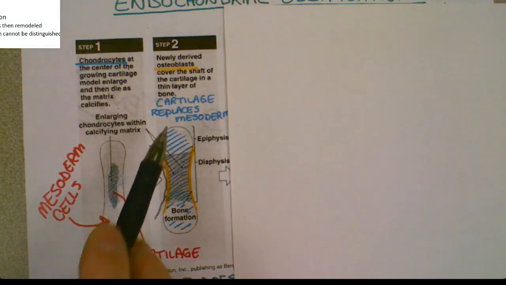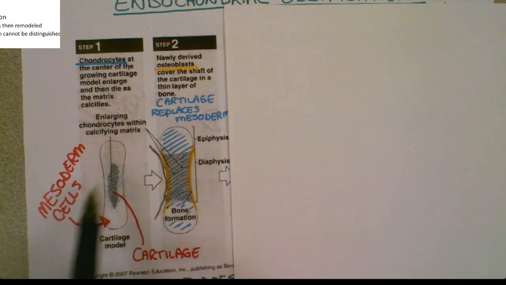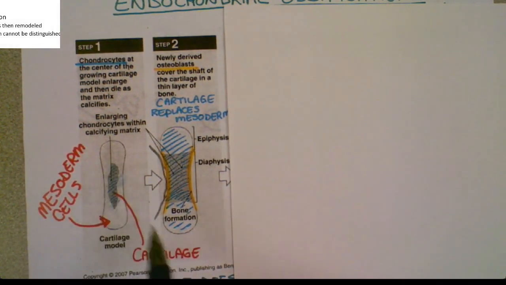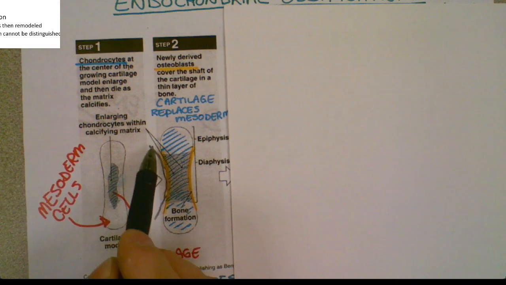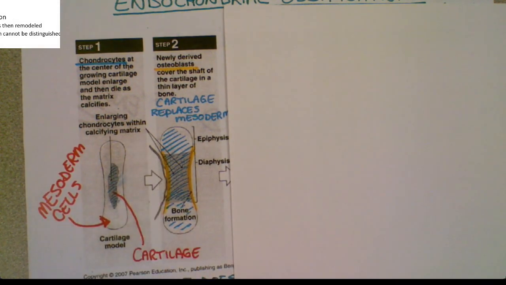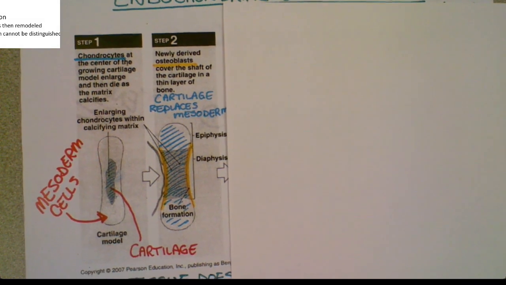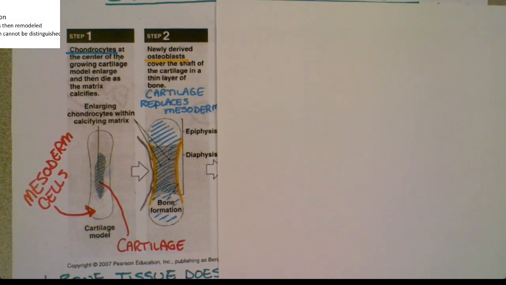So this cartilage has replaced this mesoderm, this connective tissue covering, and then we get bone cells, osteoblasts, coming in and covering the shaft of the cartilage.